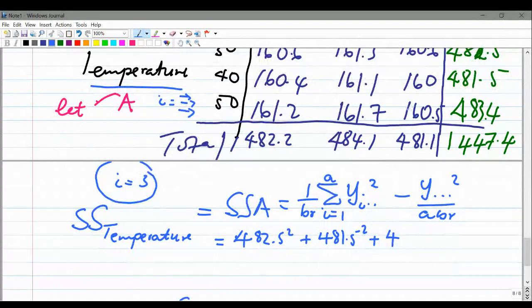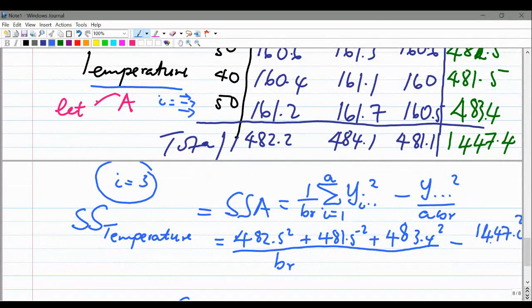Just capture them from the question paper and indicate that when I square the value totals for the treatment, this is the value. So I'll show you what I'm referring to. Squared, divided by BR, minus 1447.4 squared.